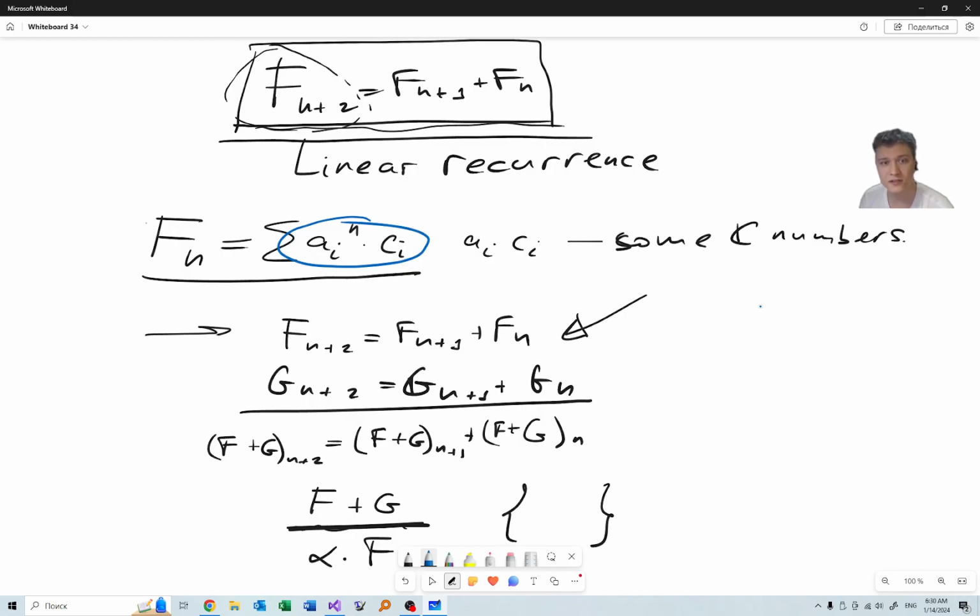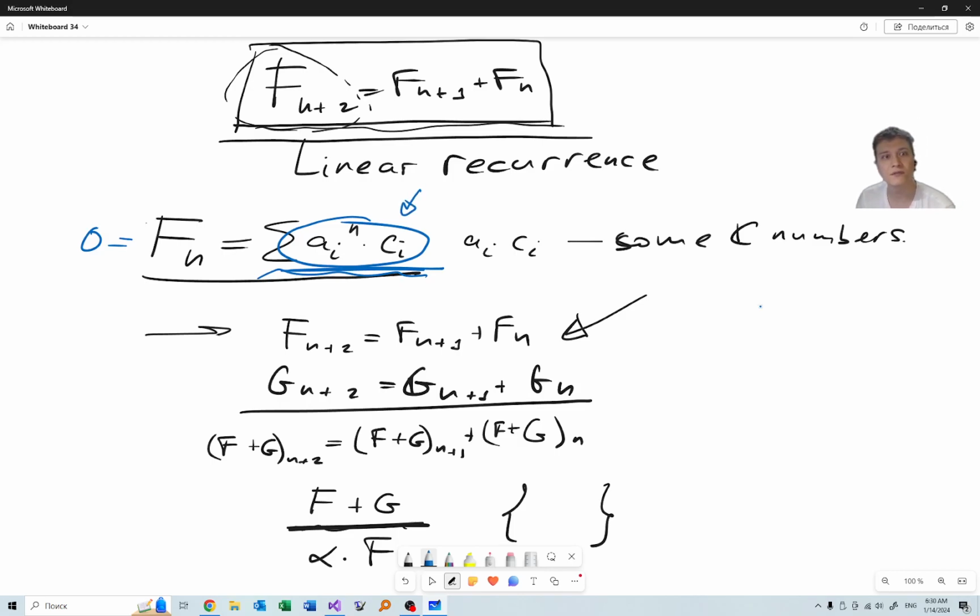It's easy to see that you cannot have several different such sequences such that their sum is zero. You cannot have zero as the sum of such sequences unless all ci are zeros.